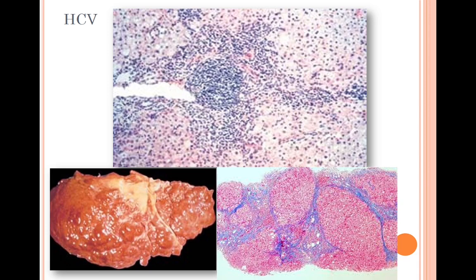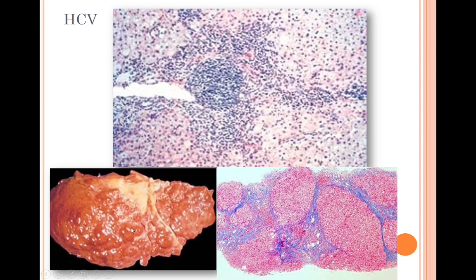That necrosis is replaced by fibrosis, and once fibrosis sets in, if this area gets fibrotic and there are some hepatocytes which still have the capacity to regenerate, they will regenerate and form a nodule because they are compressed by fibrosis all over. That is exactly what you see grossly. You can see these are nodules and there are depressed areas in between. These areas are all fibrotic areas, and these are the regenerating nodules of hepatocytes.